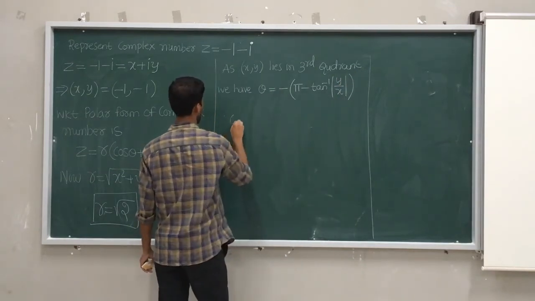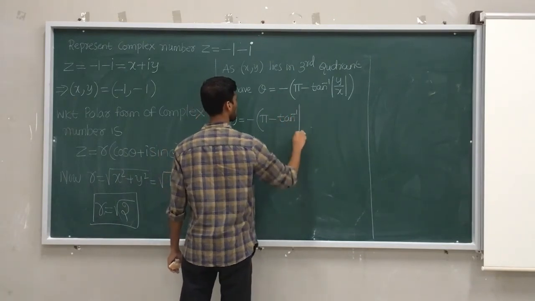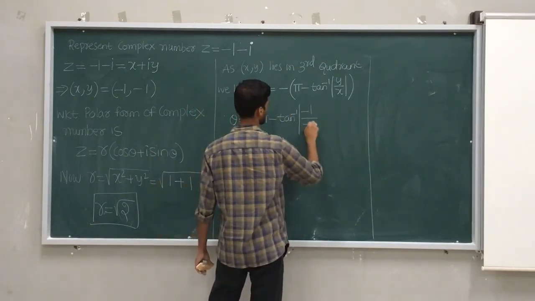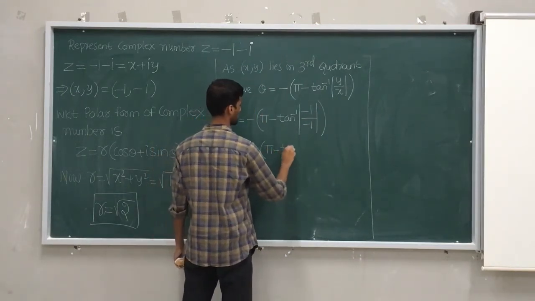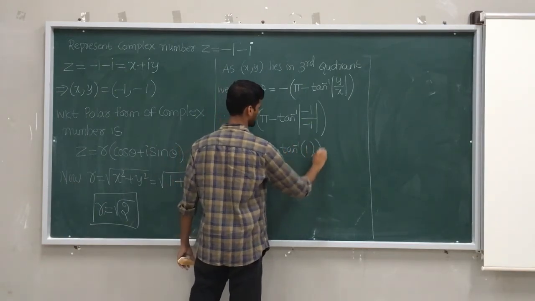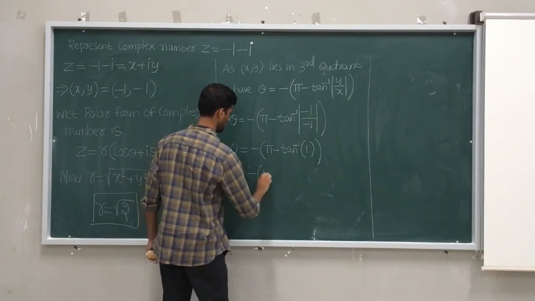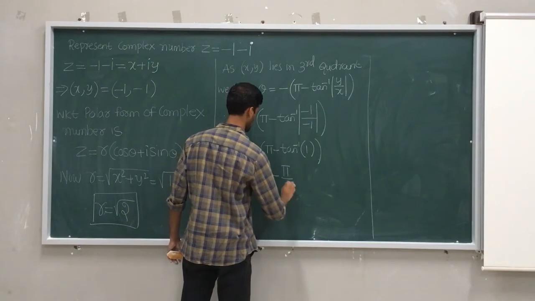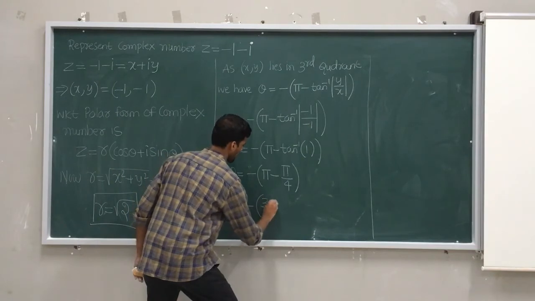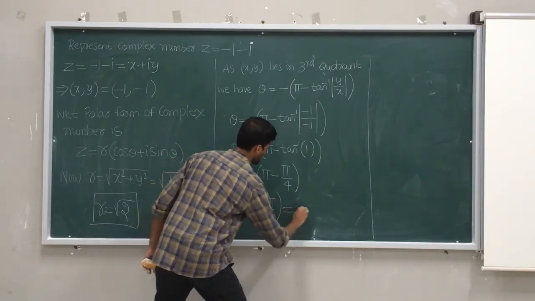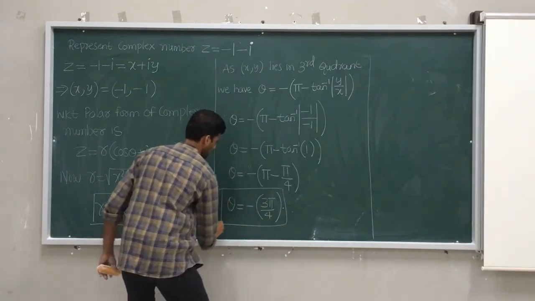Therefore theta equals minus of pi minus tan inverse of minus 1 by minus 1, which is minus of pi minus tan inverse 1, and tan inverse 1 is pi by 4. So theta equals minus of 4 pi minus pi over 4, that is 3 pi by 4. So I got theta as minus 3 pi by 4.